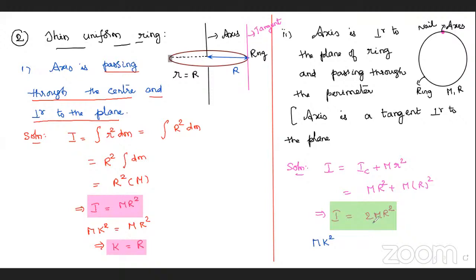Is it 2R or root 2R? Yes, now it is correct. M K square is equal to 2 M R square, that implies K is equal to root 2 into R. That's it. This is the radius of gyration.